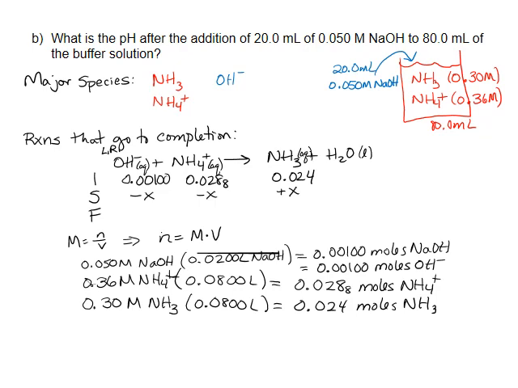Since hydroxide is our limiting reagent, we know that the final amount of hydroxide should go to 0, which tells us that our value of X is 0.001. So when we subtract 0.001 from 0.0288, we get 0.0278. And when we add 0.001 to 0.024, we get 0.025.